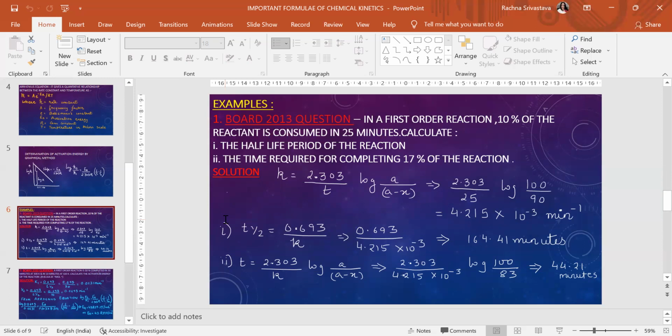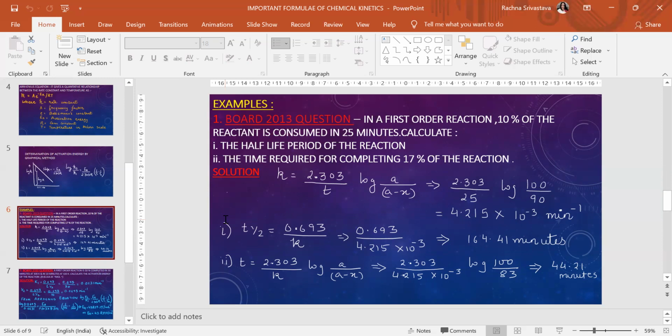The second part says the time required for completing 17% of the reaction. Here you have to understand that K will remain constant for that particular reaction, whether it is 50% complete, 70% complete, 17% complete, or 99% complete.